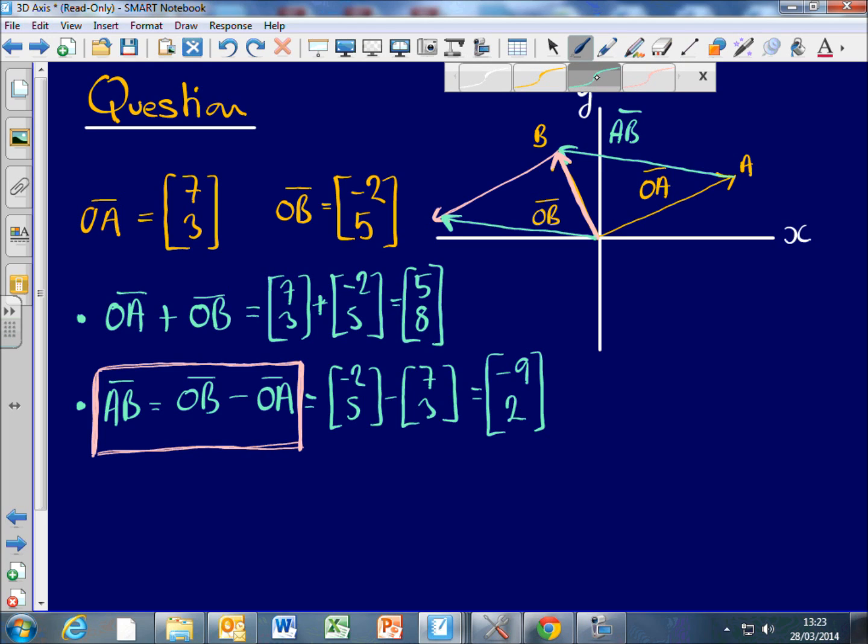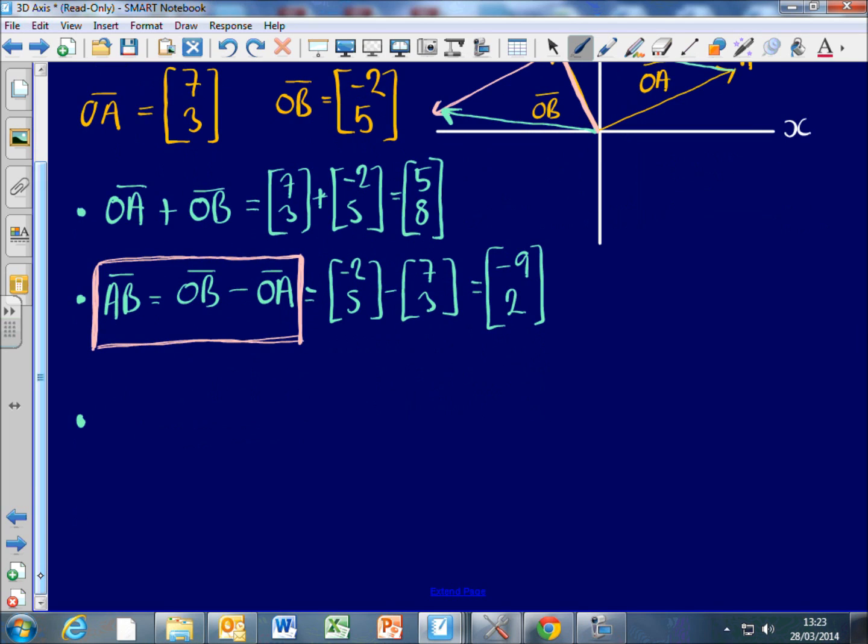I think we'll do one more in 3D. The third question I'm going to get you to do is this. Can you find for me the magnitude of AB? What's the magnitude? What do I mean by the magnitude? Yeah, how long is the arrow?